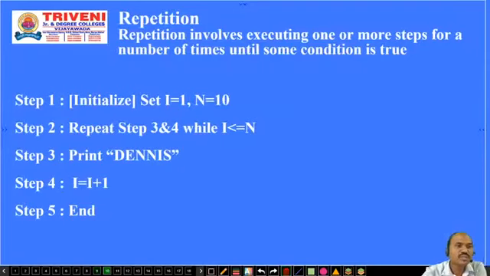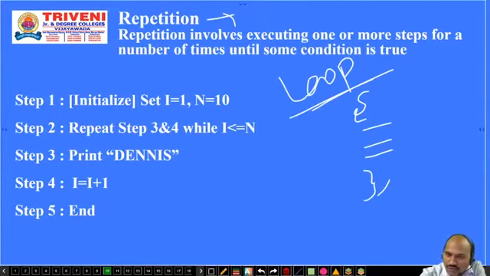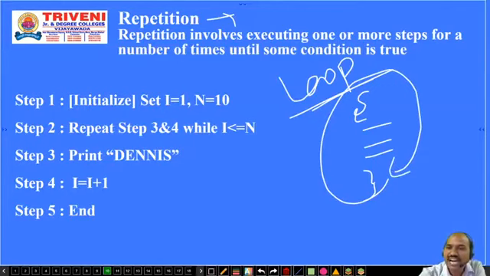Okay, the next one is the repetition algorithm. Repetition algorithm means the condition goes within a loop. When the condition is satisfied, the loop is continuously executed. Previously, in the decision algorithm, when the condition was not satisfied, we went to the next statement.